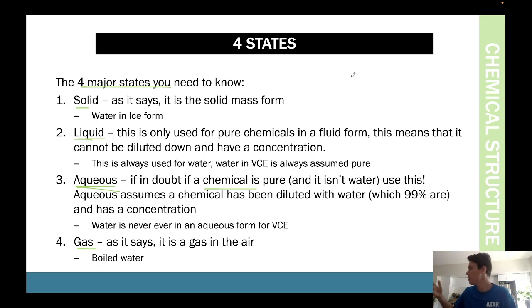So it's like we've dissolved sodium chloride into water. We call it aqueous because it's now in a liquid form, but it's not pure because it's got water around it. So aqueous assumes that the chemical has been diluted with water, which 99% of them are, and has a concentration. Water is never in aqueous form for VCE. Water is always a liquid, by the way.